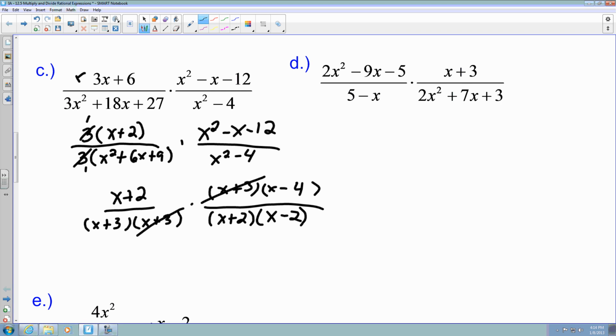Same thing goes where I have an x plus 2 and an x plus 2. And I can't cancel out anymore, so I am left with x minus 4 over x plus 3 times the quantity x minus 2. And there's your answer.